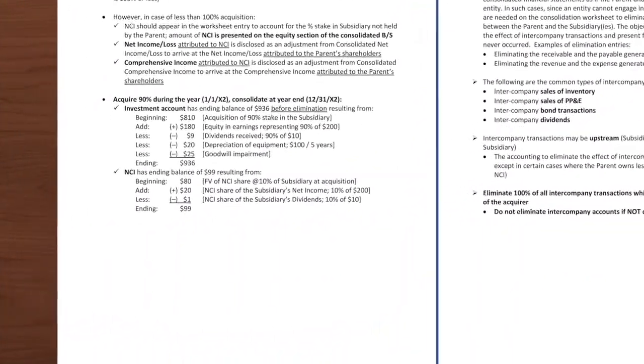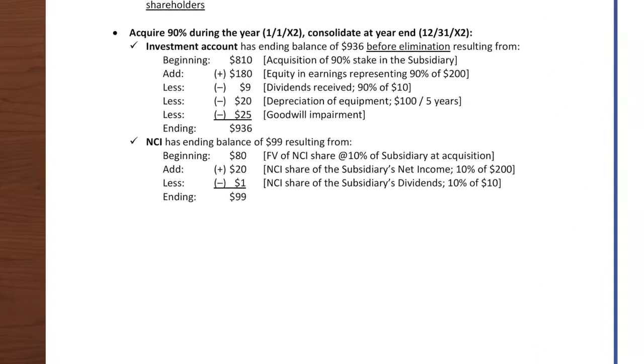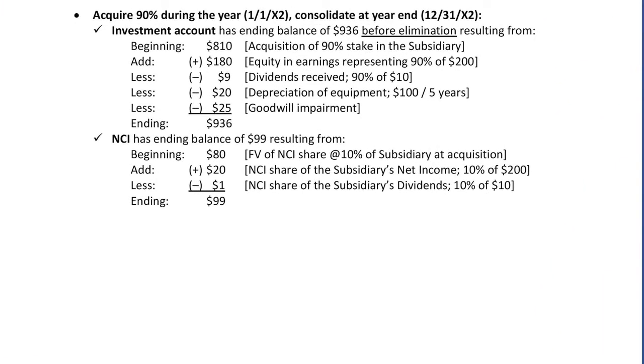Turn on to page 14, and here I want to show you how non-controlling interest account works. So draw a T account for NCI, and we'll start with the credit number for $80, which was fair value at acquisition. So fair value per share was $8 into 10 non-controlling interest holder shares.